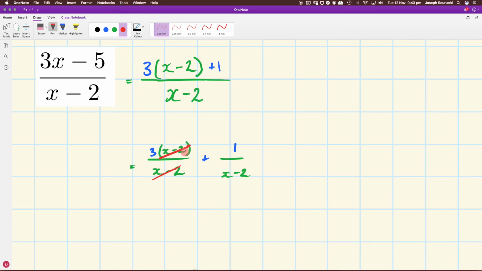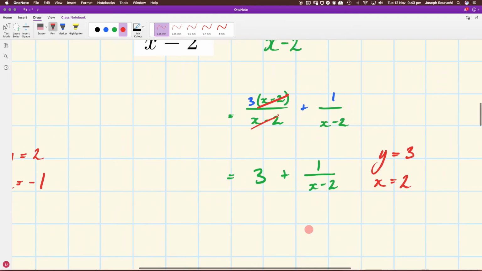I cancel. I'm going to get 3 plus 1 over x minus 2. So that tells me that my y asymptote will be 3 and my x asymptote will be 2.